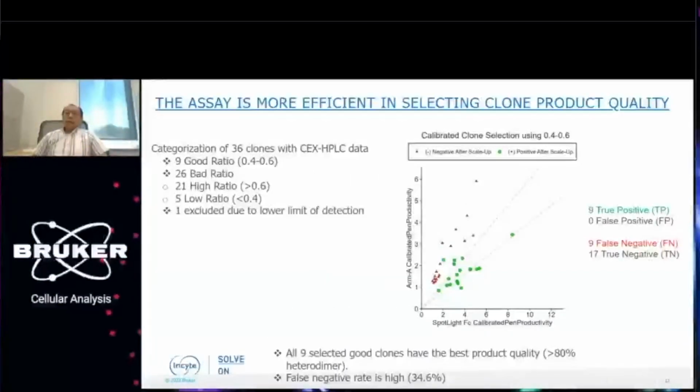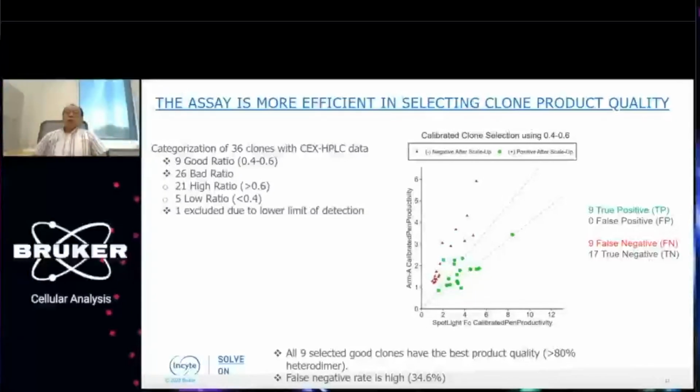We also find that the assay is efficient in selecting clone product quality. As I mentioned, we have 36 clones with CEX HPLC data, 9 with a good ratio between port 4 and port 6, and 26 with a bad ratio.